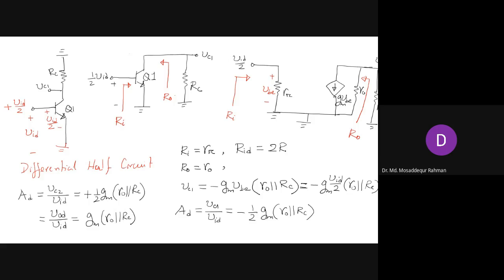RID will be twice Ri, the input resistance for the single transistor, so this is 2 r_pi. And for output resistance, we will call it ROD, the differential output resistance, looking between the two collector terminals, and that will be twice this output resistance, twice small r_o.